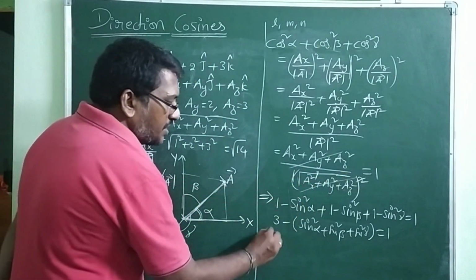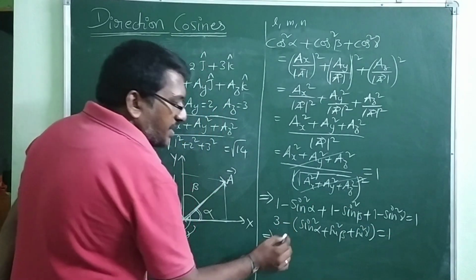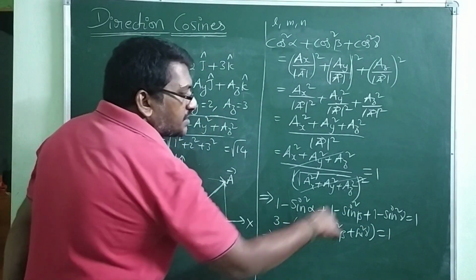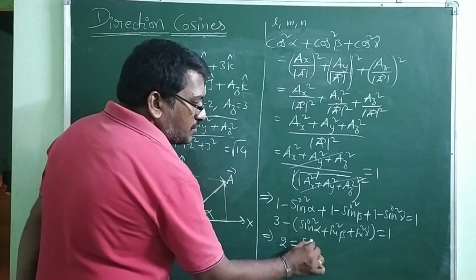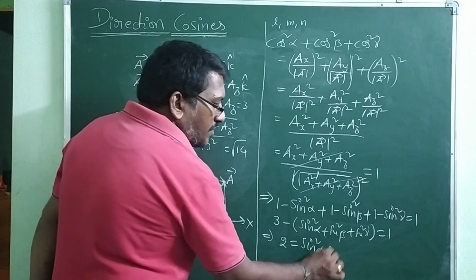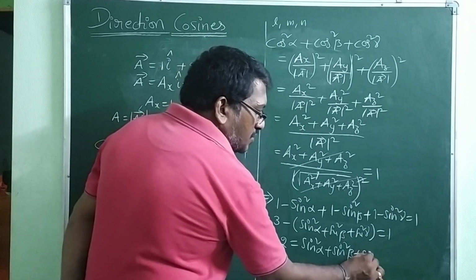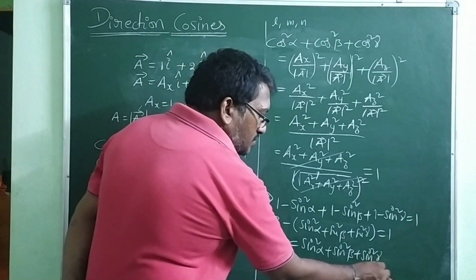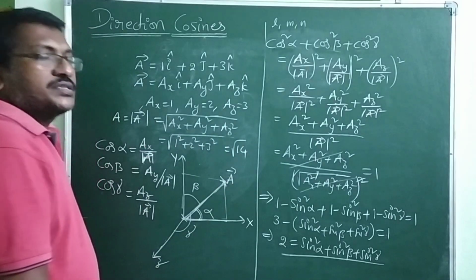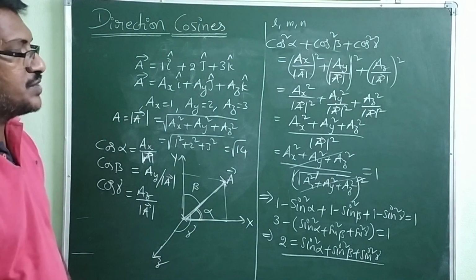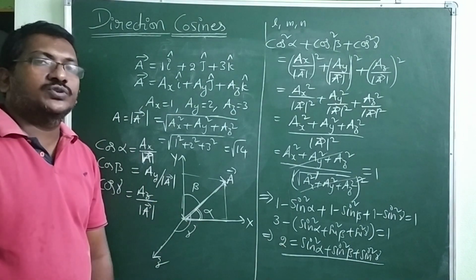Send that side: 3 minus 1 is 2, equal to sin square alpha plus sin square beta plus sin square gamma. So this is the relation between sin square alpha, sin square beta, sin square gamma, that equals 2.